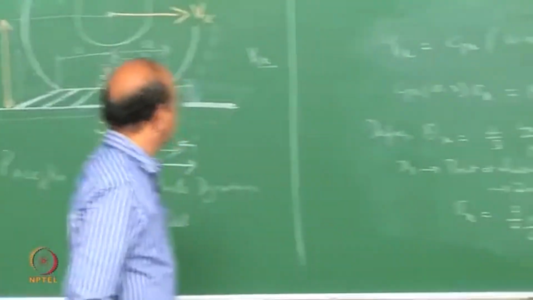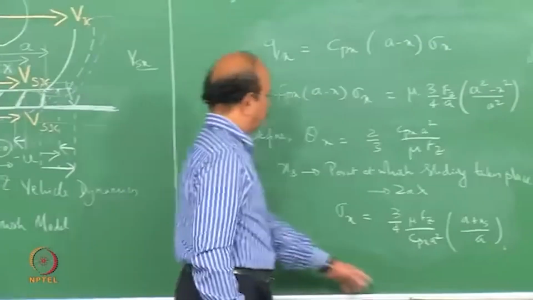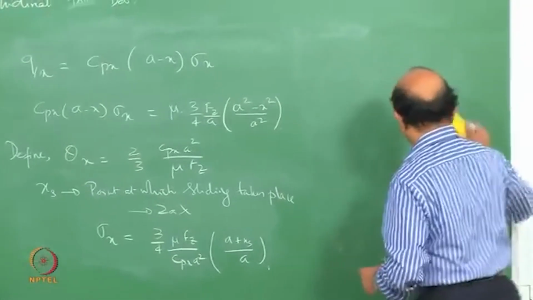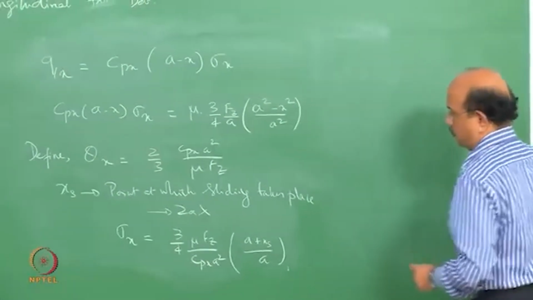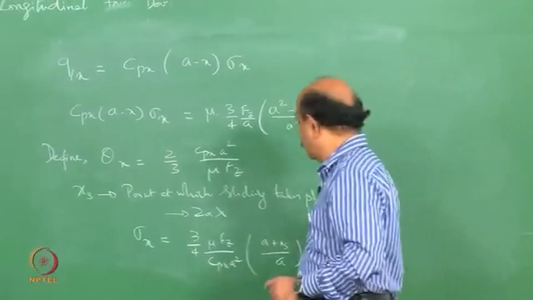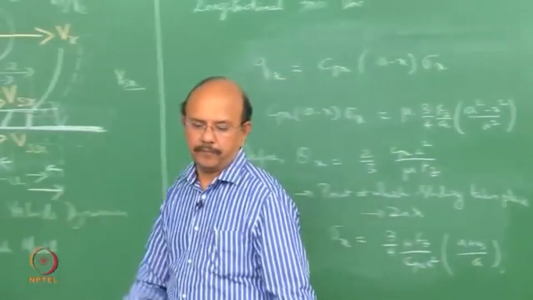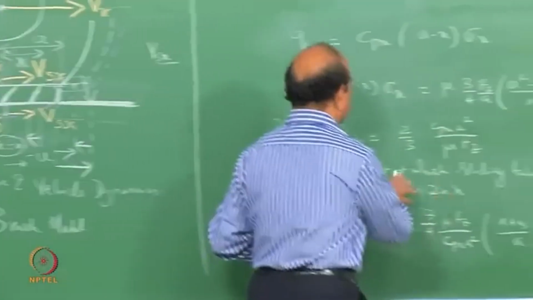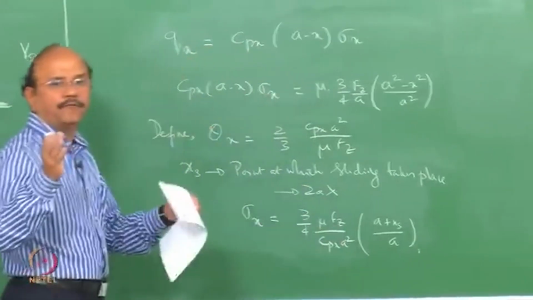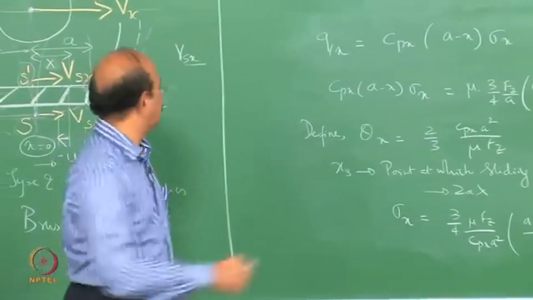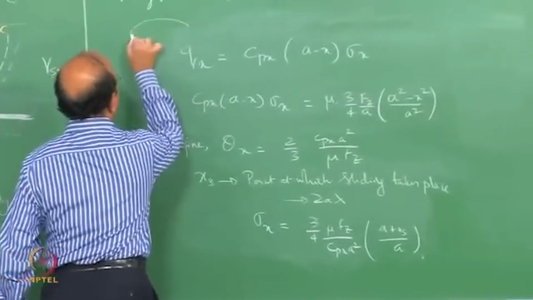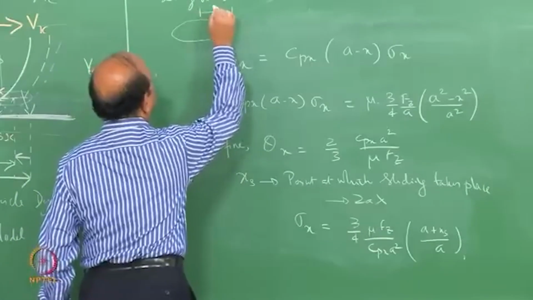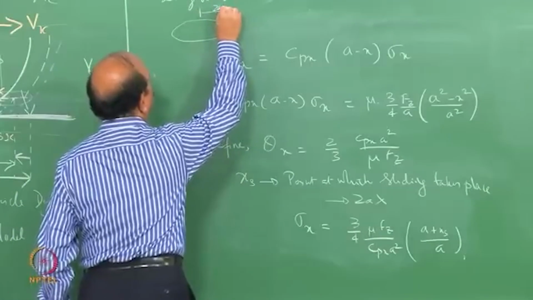Now substitute for xs to be 2a lambda. If this is the contact patch, that is what we called 2a delta.